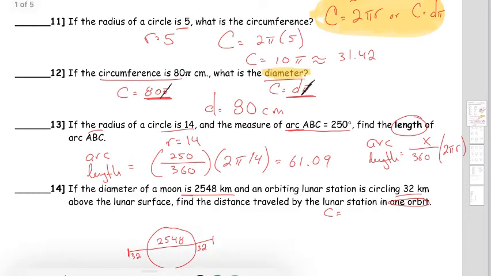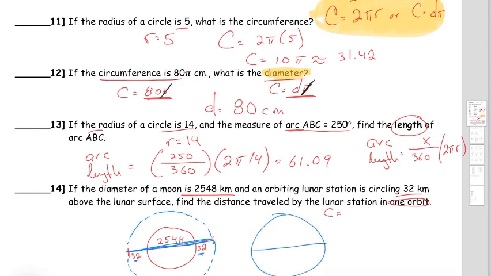So really the path of the lunar station is always going to be 32 units more. And so we have to find our new diameter. This new diameter is going to be whatever 2,548 is plus 64, or the 32 that were added on both sides. So really, my new circle has a diameter of 2,612.